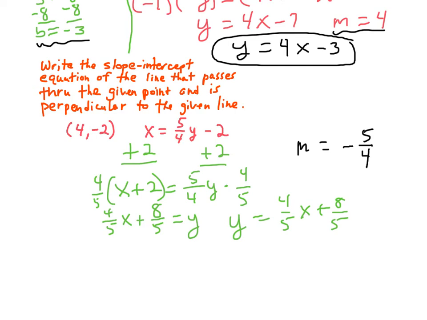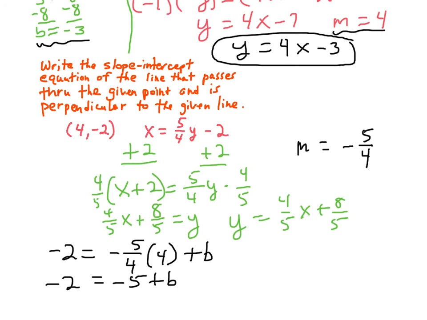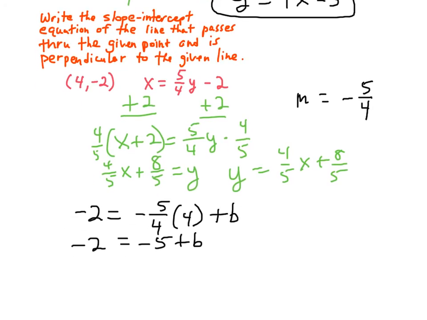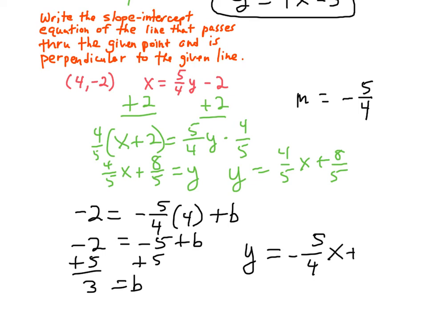So I'm going to say -2 equals -5/4 times 4 plus b. I've got to get the b for my new line. And then I'll have -2 equals, this is going to be -5 plus b. And I'll add 5 to both sides, and I'll get 3 equals b. So my equation is y equals -5/4 x plus 3.